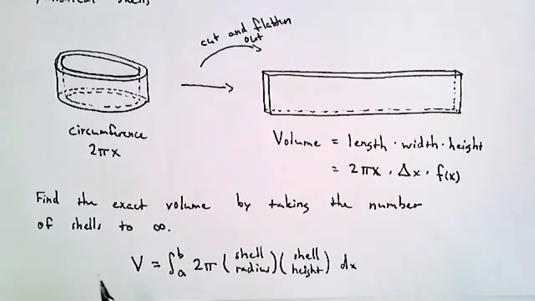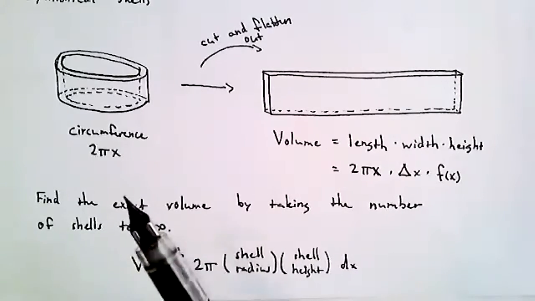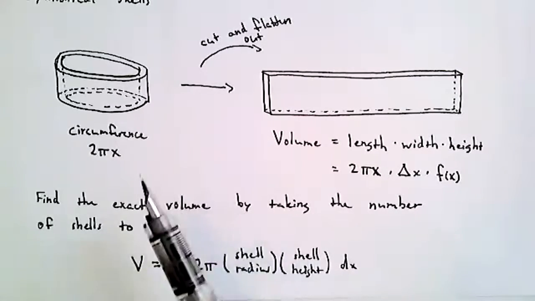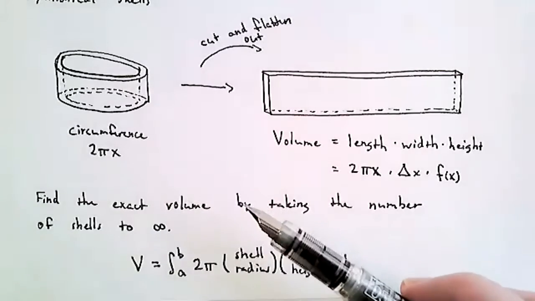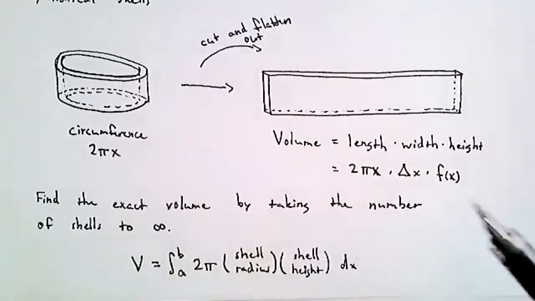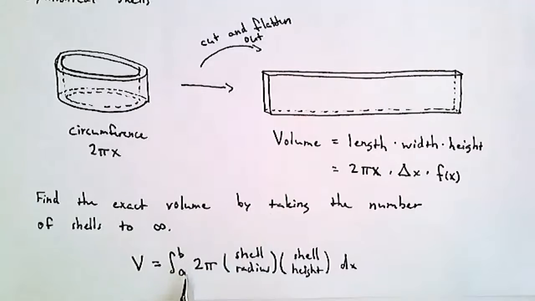And if we want the exact volume, we need to take the number of shells to infinity. So if you actually work through all of the details of the math, you would have a limit of a sum, a limit of a sigma, and it becomes an integral. So when you add an infinite number of shells, it becomes an integral.